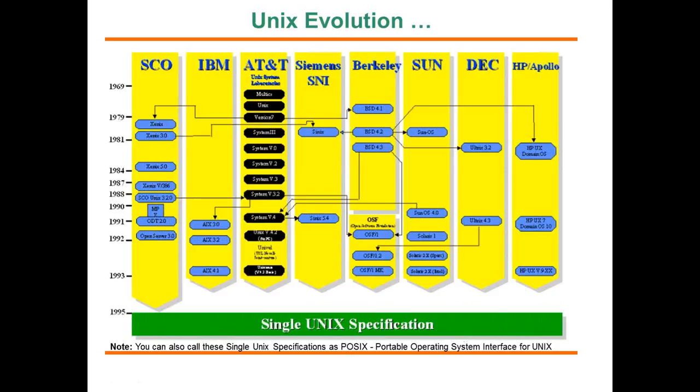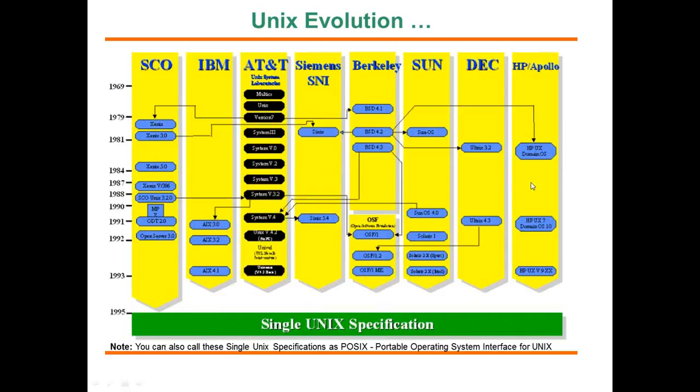I don't care what options you give to ls, but the ls command should be there to list files. Because of the single Unix specification, the only objective of this POSIX standard is portability. Portability means that with minimal effort, the vendor or the client can migrate from one platform to another.